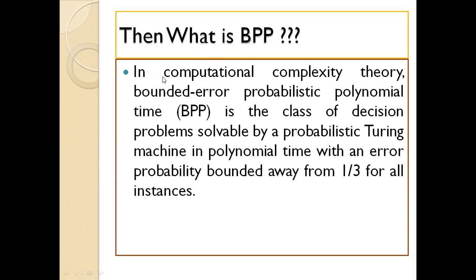Now, what is BPP? In computational complexity theory, bounded error probabilistic polynomial time. Remember, bounded error probabilistic polynomial time, BPP, is the class of decision problems solvable by a probabilistic Turing machine in polynomial time with an error probability bounded away from 1/2 for all instances.